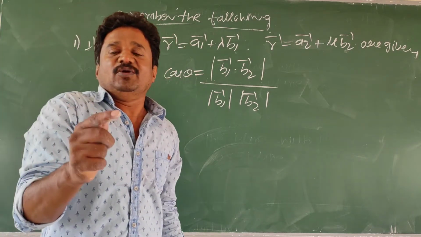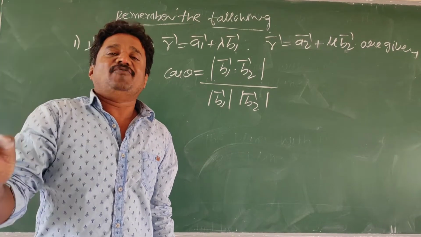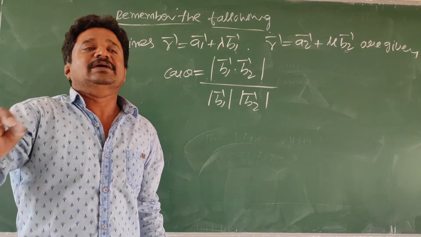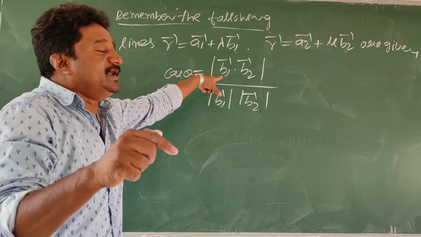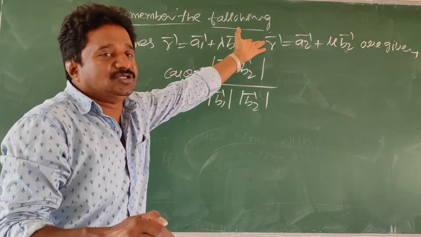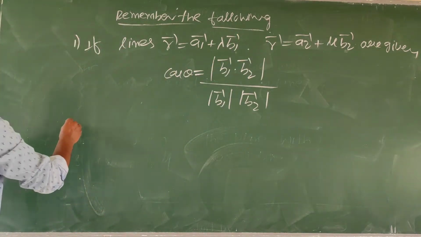What is the angle between two vectors? Vector A dot vector B by the length of vector A into the length of vector B. The same formula is used in lines also. Let us go for planes.